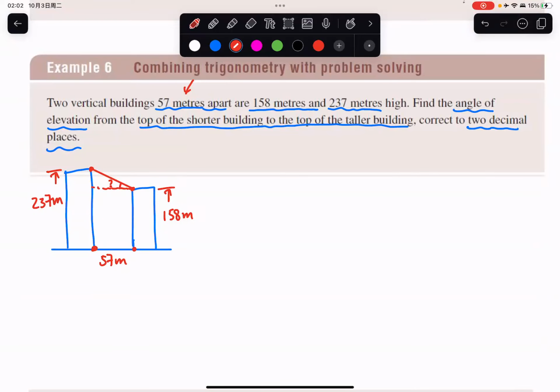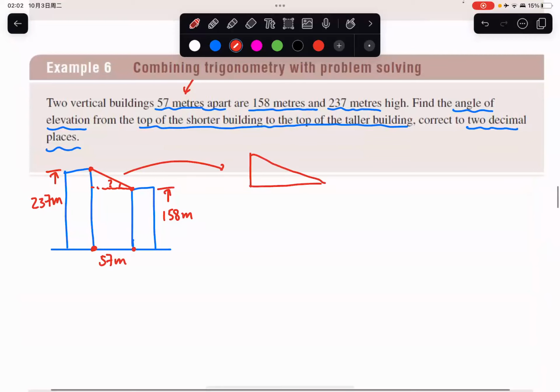Very similar to the last question, we also have a right angle triangle here, so we can draw the right angle triangle outside. So it's asking for this one.